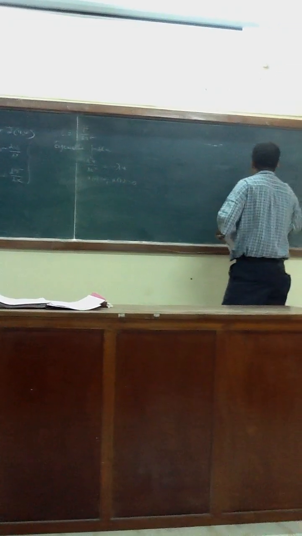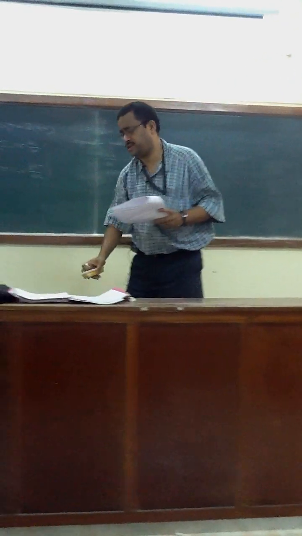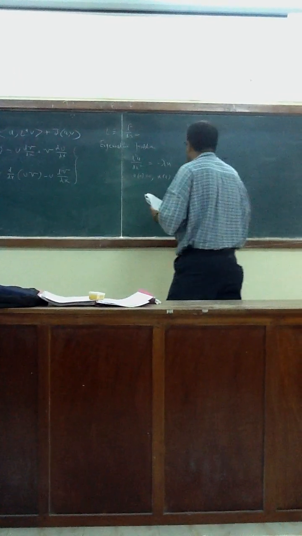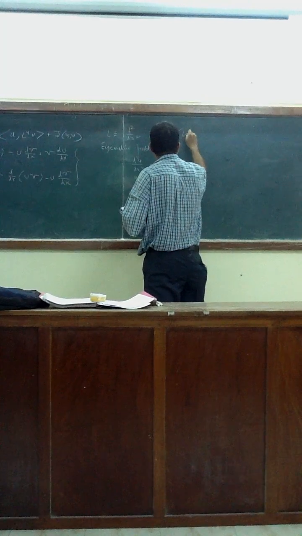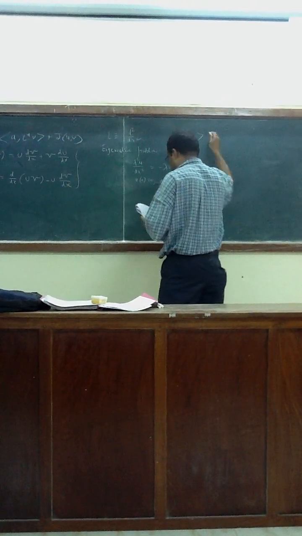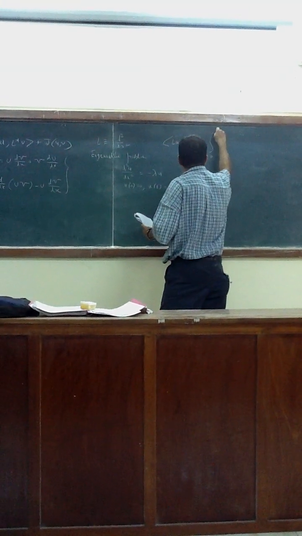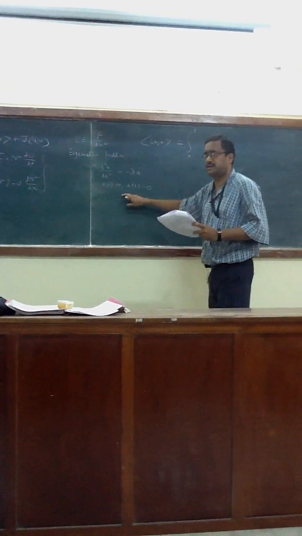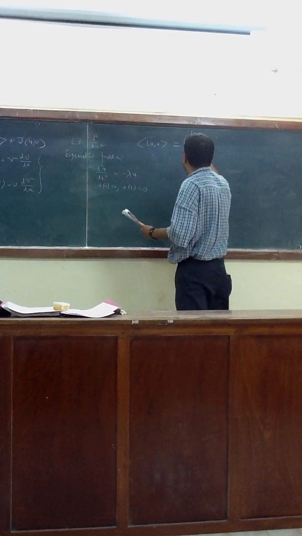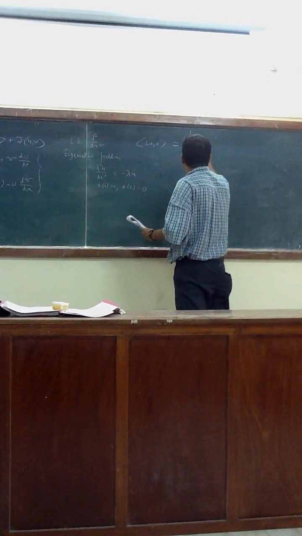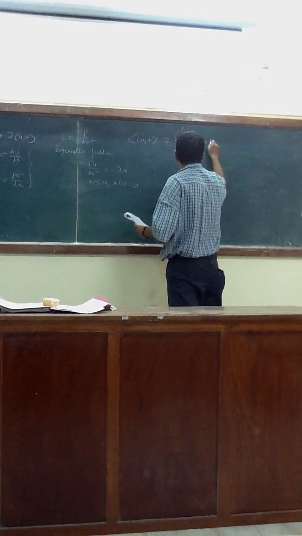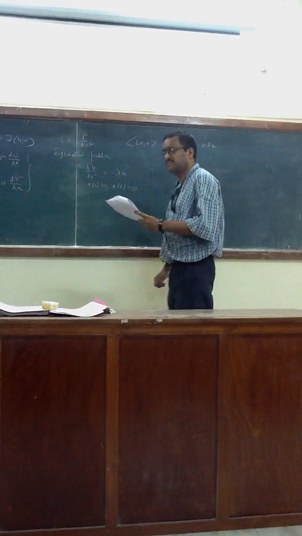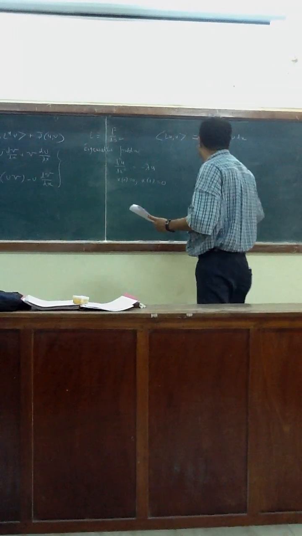The inner product LUV equals the integral from 0 to 1. The domain is defined from 0 to 1. L is d2u by dx square, times v dx. It is so simple. Remember that you need to have this type of term.